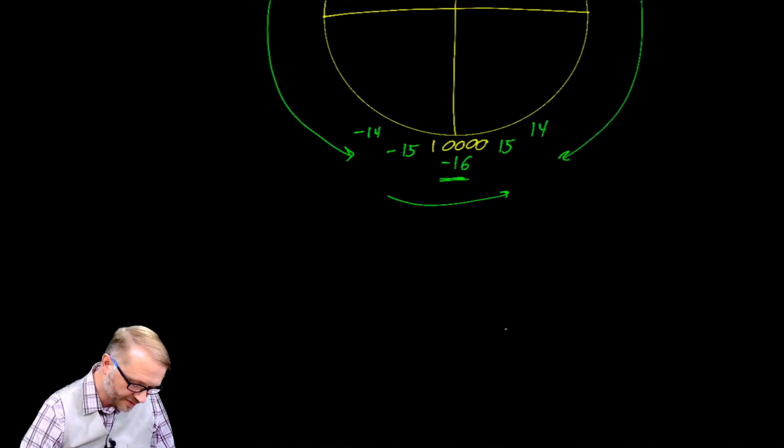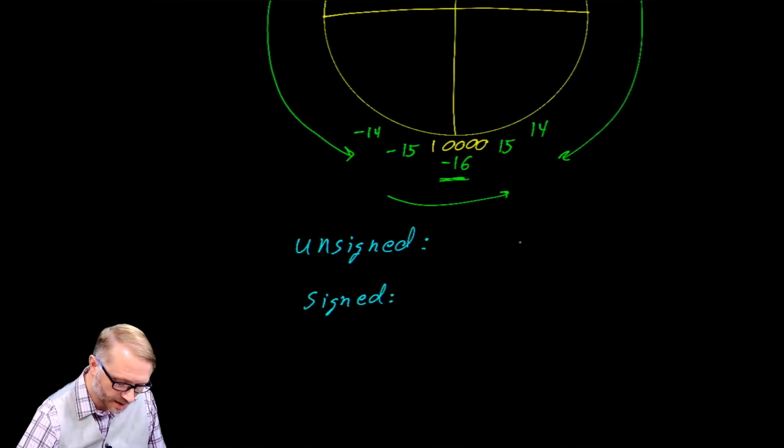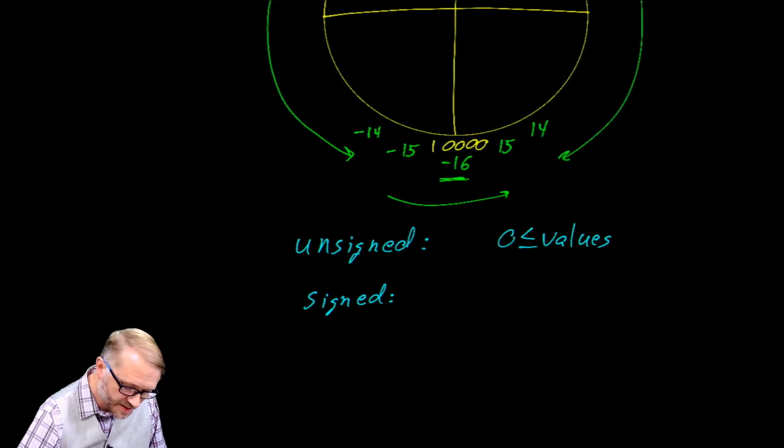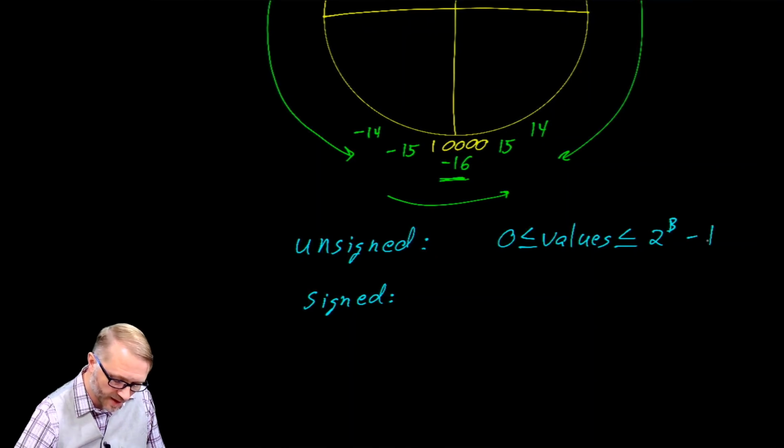Let's recap real fast. So we had unsigned numbers, and we had signed numbers. The unsigned numbers would take on values greater than or equal to 0, but less than 2 raised to the b power minus 1.